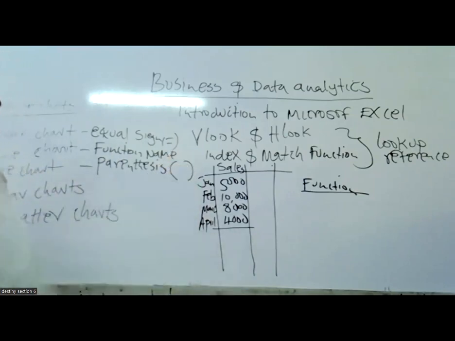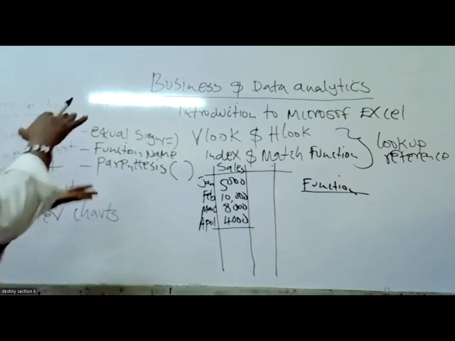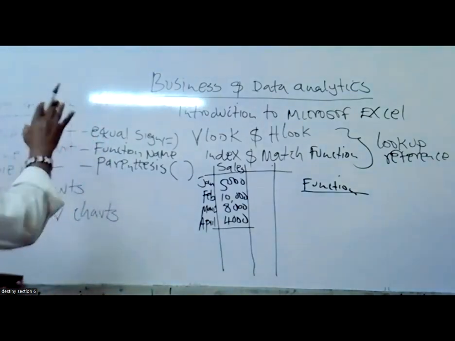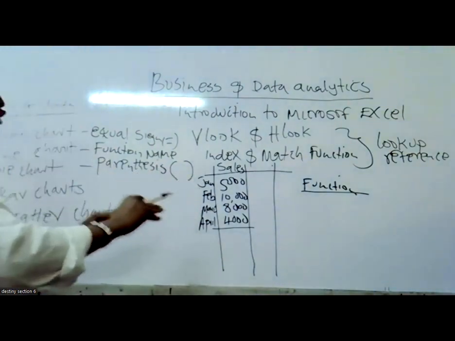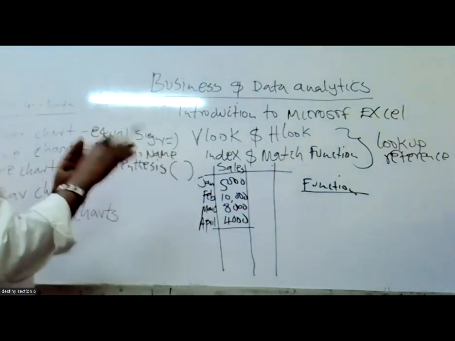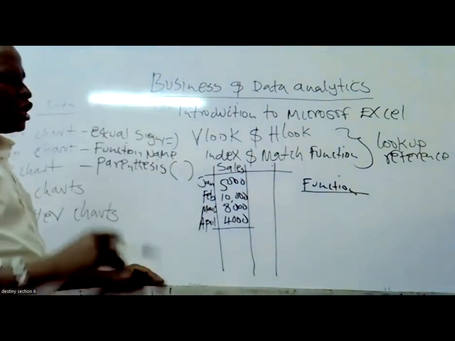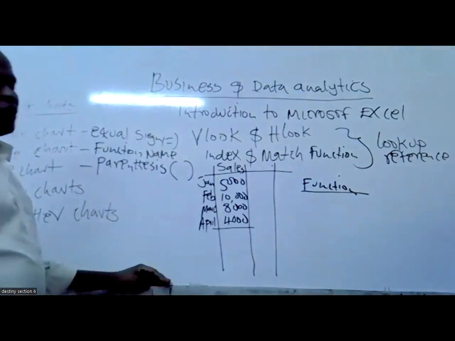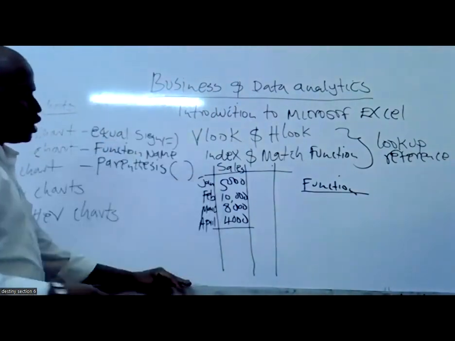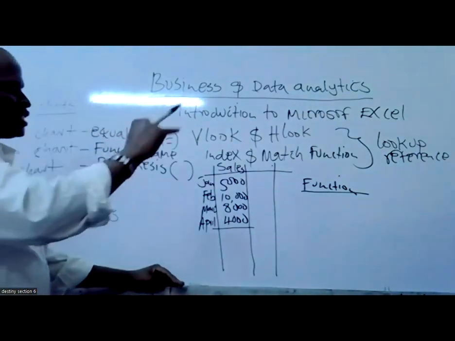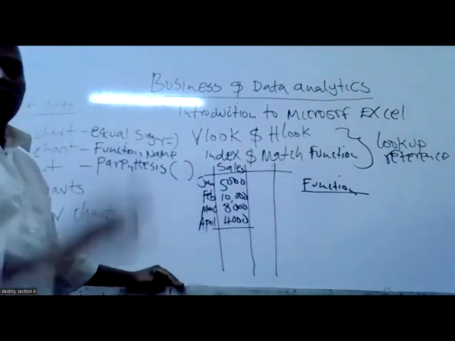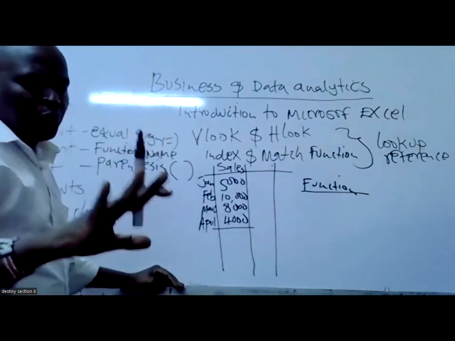So for you to call it a function, a function is made up of 4 components. Whether it is addition, multiplication, subtraction, a logical function, a date function, a hierarchy function, or a net present value function, all the functions have 4 components.